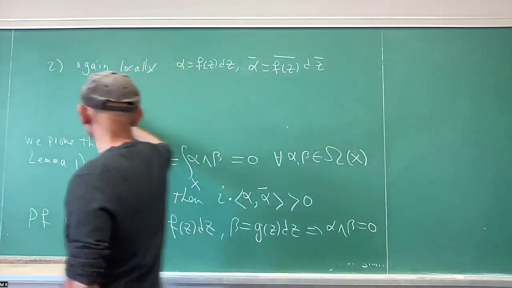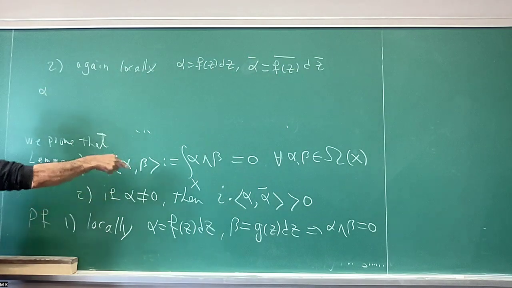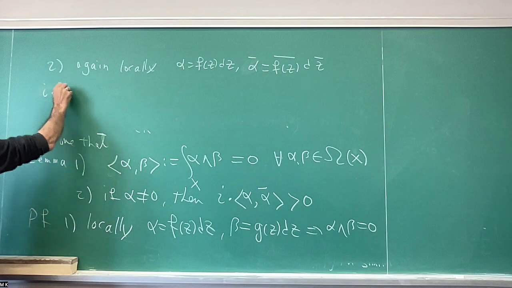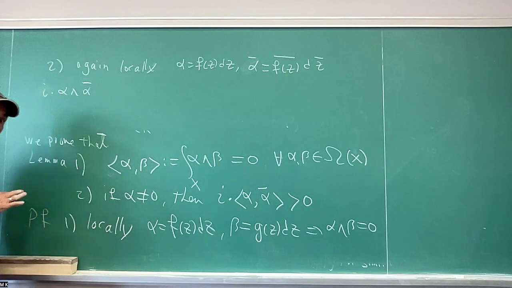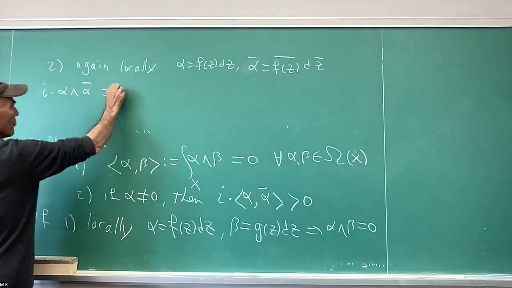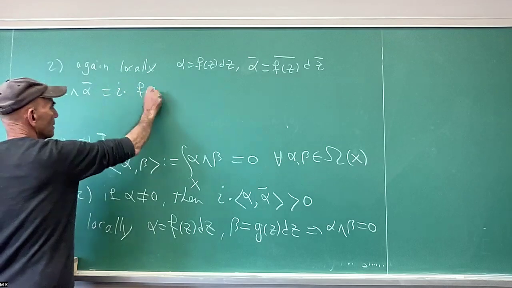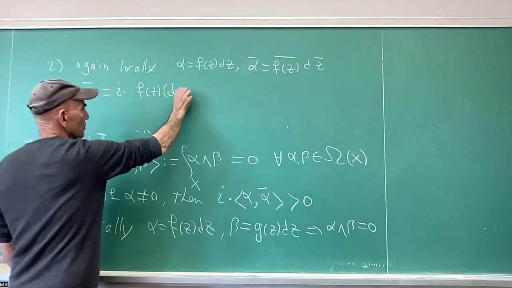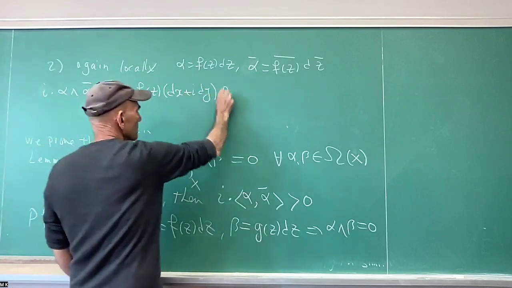If you write down the expression i times alpha wedge alpha bar, locally it is going to be of the form i times f of z times f of z bar, where dz is notation for dx plus i dy.